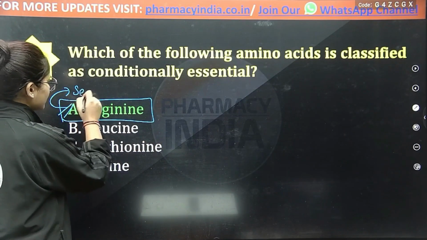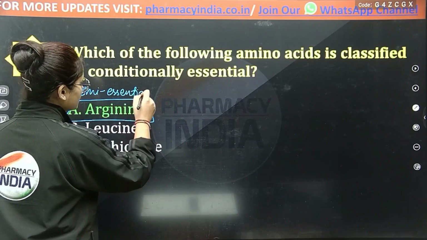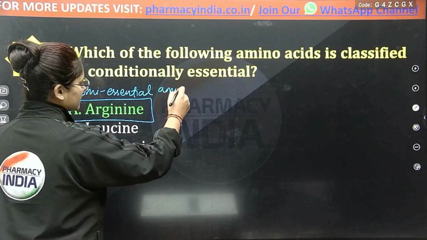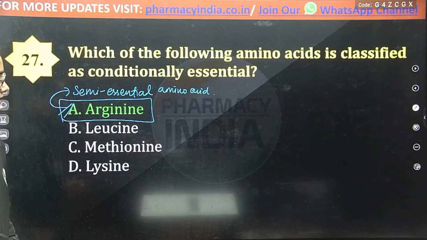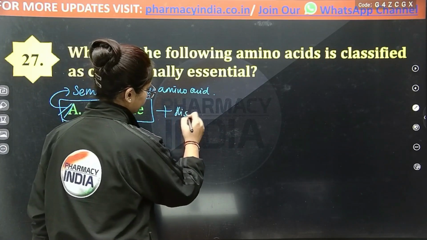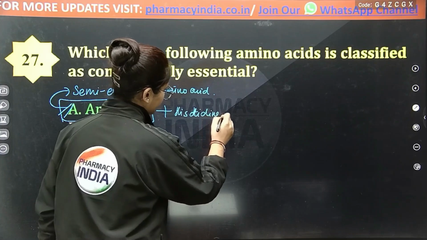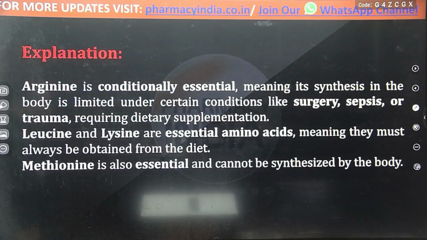It is a semi-essential amino acid which is considered as conditionally essential amino acid. Clear? Along with arginine, there is also histidine. It is also a conditionally essential amino acid.